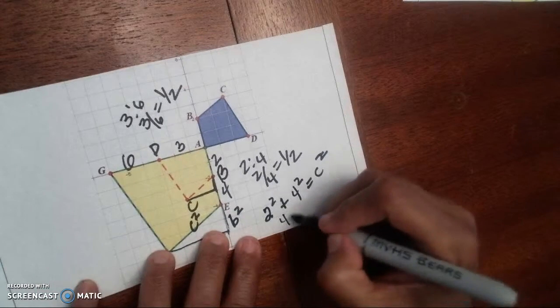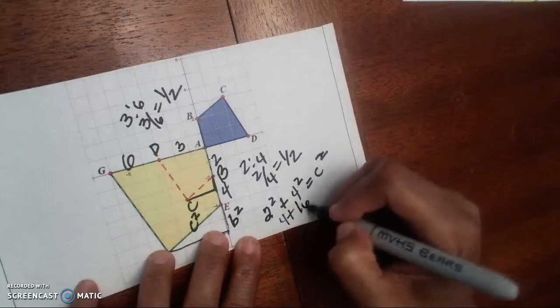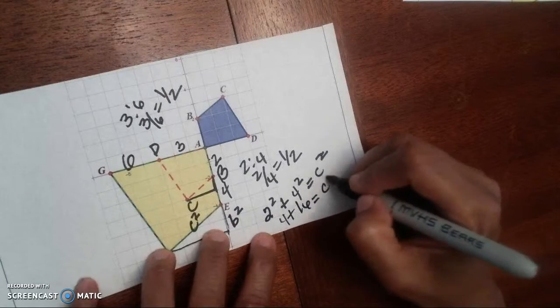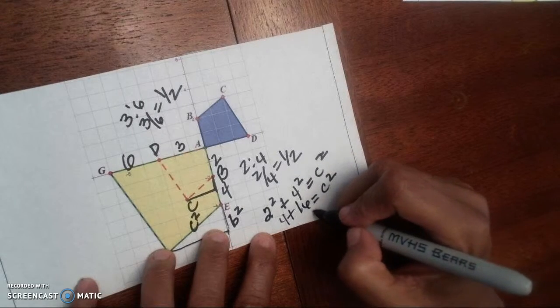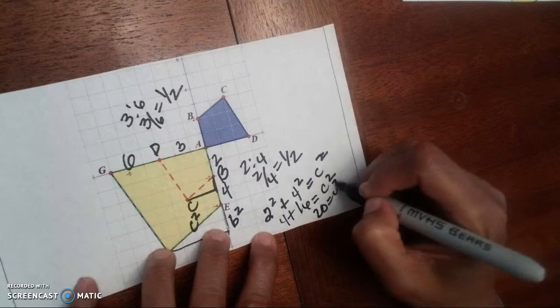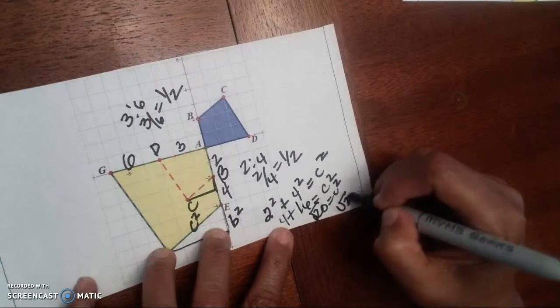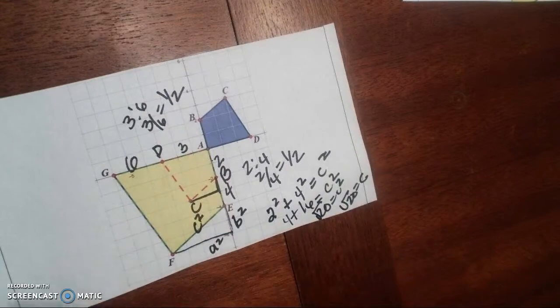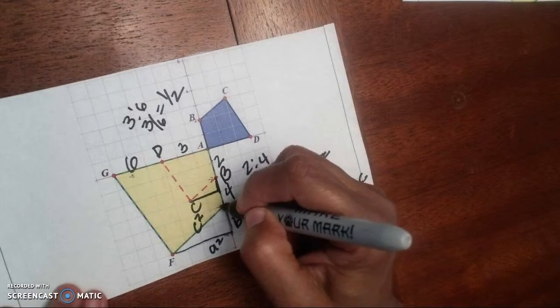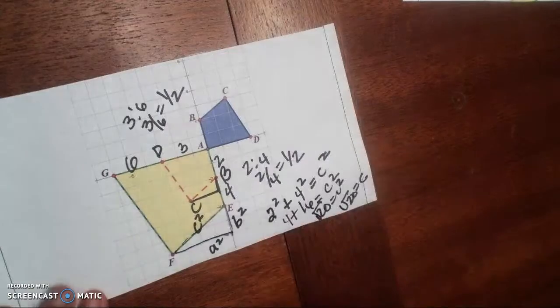So we have 4 plus 16, which is equal to c squared. So 20 is equal to c squared. Therefore, c is equal to the square root of 20. So that's the measurement of this side.